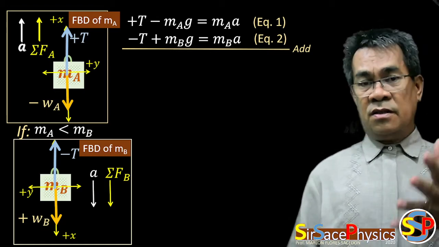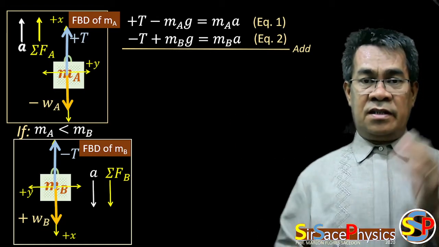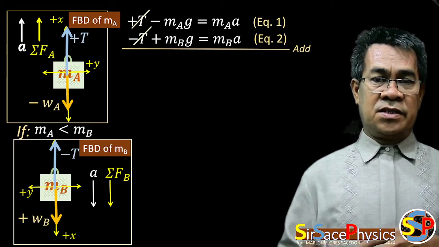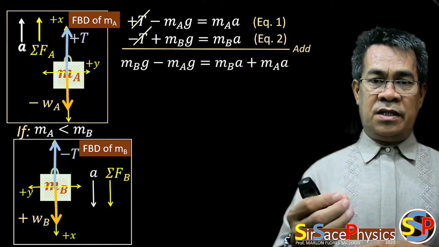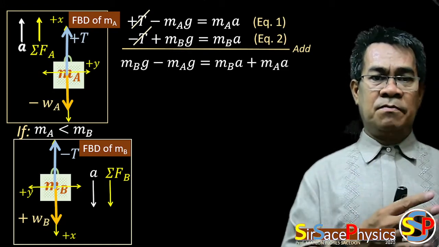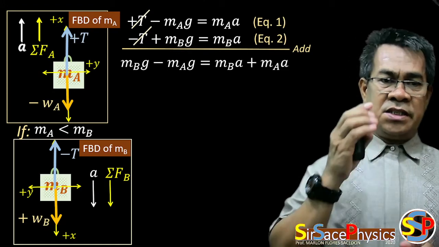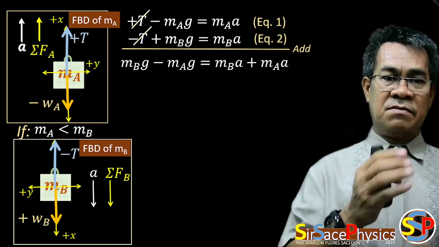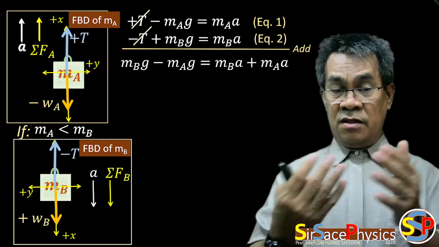Okay? So combine, di ba, left and right. On the right side, because T was already cancelled, we have only mass B times the acceleration minus mass A times the acceleration. On the opposite side, we have mass B times g minus mass A times g. Notice that we have only one variable.